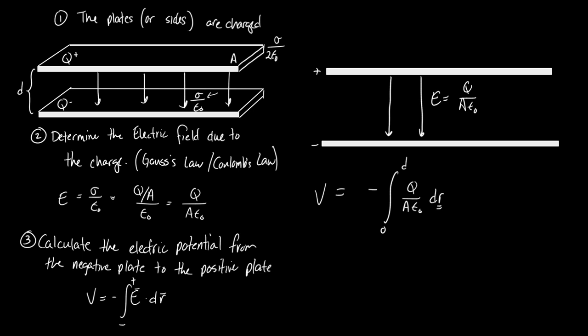Remember that this is a dot product here, correct? So in the case of our problem, this is the electric field times dr times the cosine of the angle between the direction we're traveling and the direction of the electric field, which for this problem is 180 degrees. Right? Because dr is going to be in this direction. The electric field is going the other way.